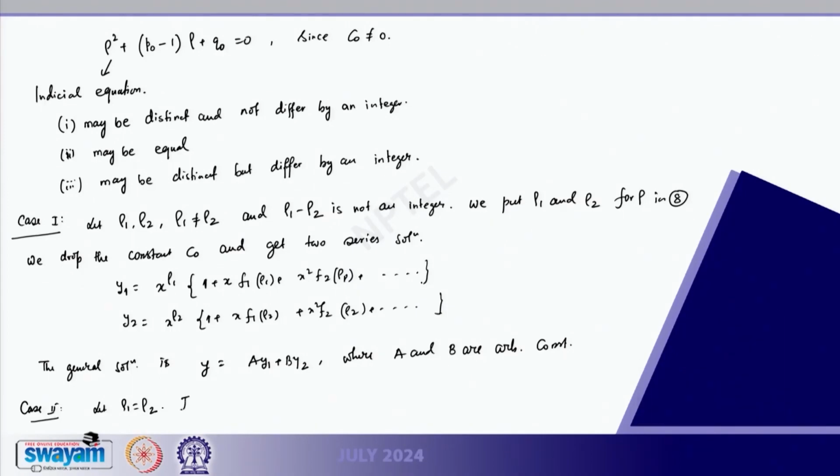In this case, there is only one value of rho, but we need 2 solutions, right. So, there is only one value of rho which gives one series solution, but an equation of the second order is expected to give 2 independent solutions, right. So, we need to look for another solution.